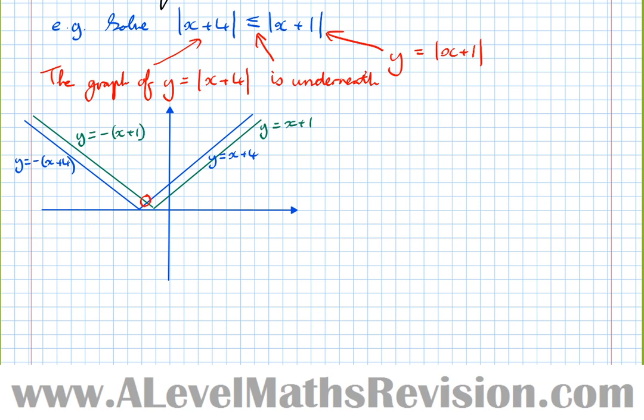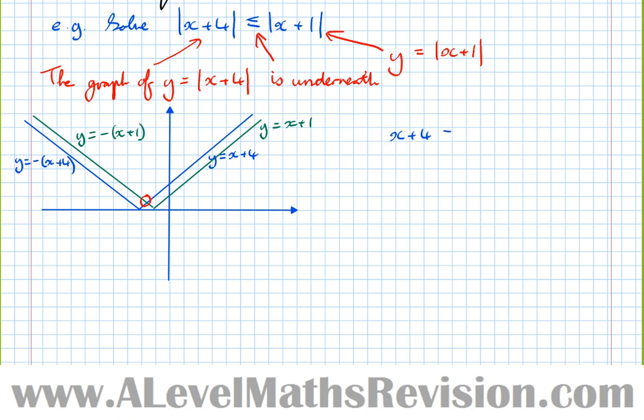And it's necessary to find that point of intersection. So we can see that point of intersection happens when the positive part of the blue graph hits the negative part of the green graph. So this is the reflected part of the green graph and the unreflected part of the blue graph. So y equals x plus 4, which is the positive part of the blue graph.